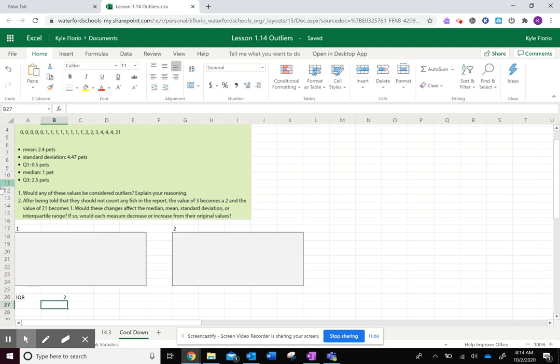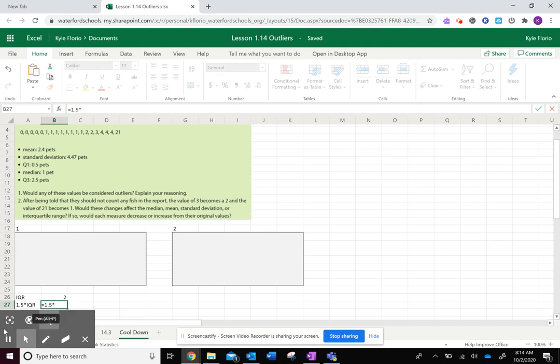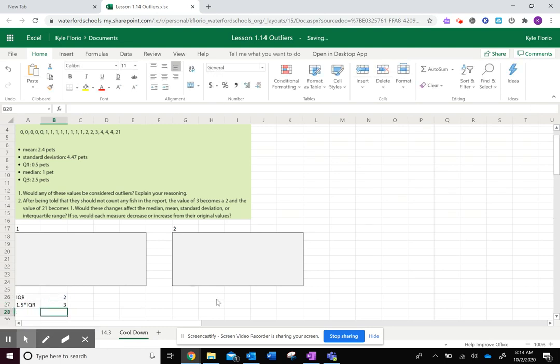And so the IQR is 2. If I take the 1.5 and multiply it by the IQR, that's going to be 3. 1.5 times 2 is 3.